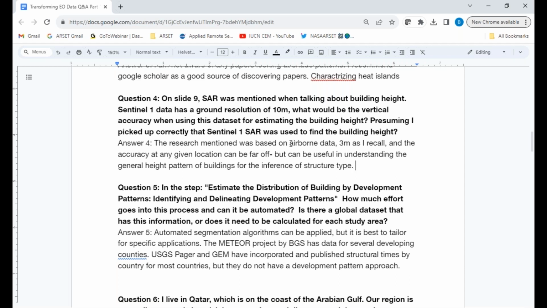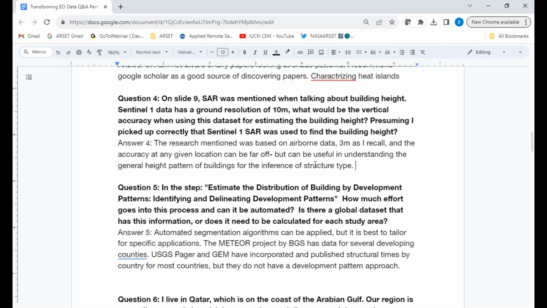I looked into the accuracy of that data set for quite a while, actually, as a study, and we discovered that specific buildings might actually disappear in the SAR data, depending on the orientation of the building, what was on the roof, and so on and so forth. So we got unprocessed SAR data and looked into the accuracy ourselves. So there's definitely issues with trying to get heights for specific buildings from SAR data.